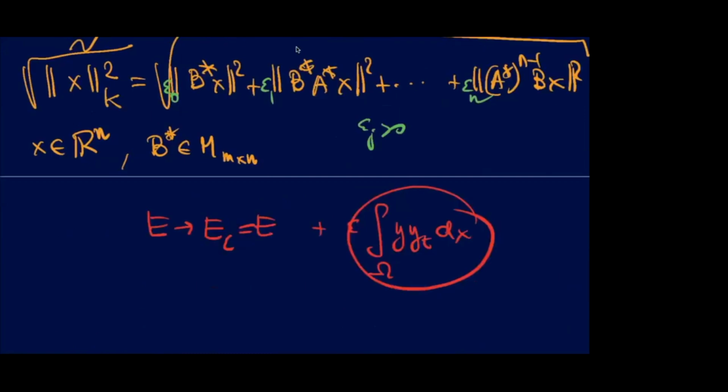This term here, which is measuring the crossing between y and y t, is precisely this term here. It's not only the obvious dissipation you have on the system, the y t component, but it is B star applied to A star B. This crossing here is the one that is coming out of this, say, second term in the norm of Kalman, right? And this is precisely what the hypocoercivity does, right?